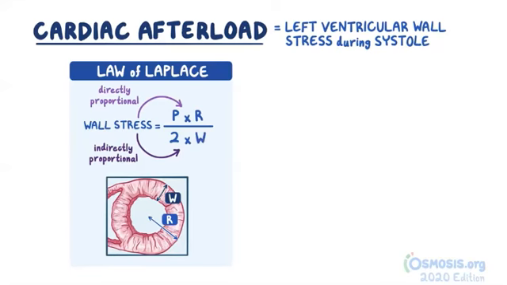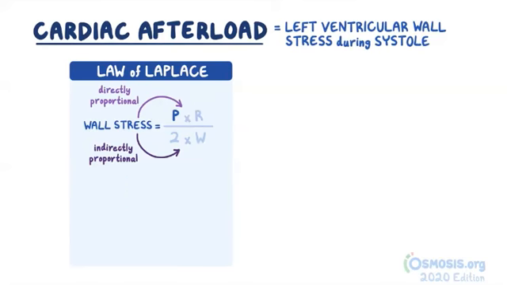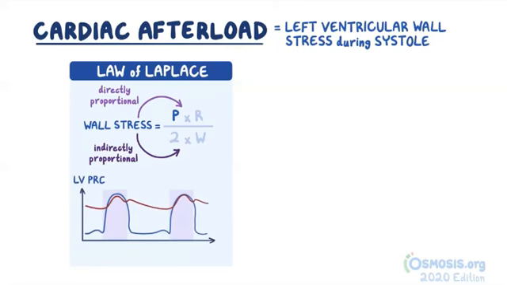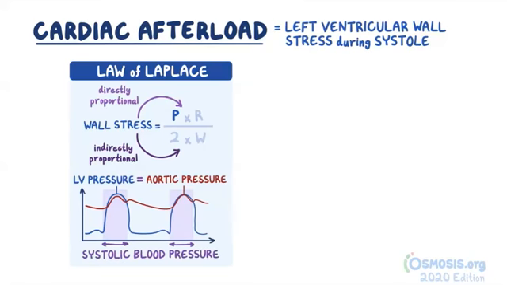But for simplicity's sake, we say that the left ventricular wall stress during ejection is proportional to left ventricular pressure during ejection. And if we assume that left ventricular pressure during ejection is equal to aortic pressure during ejection, then we can say that it is equal to what we commonly know as systolic blood pressure.